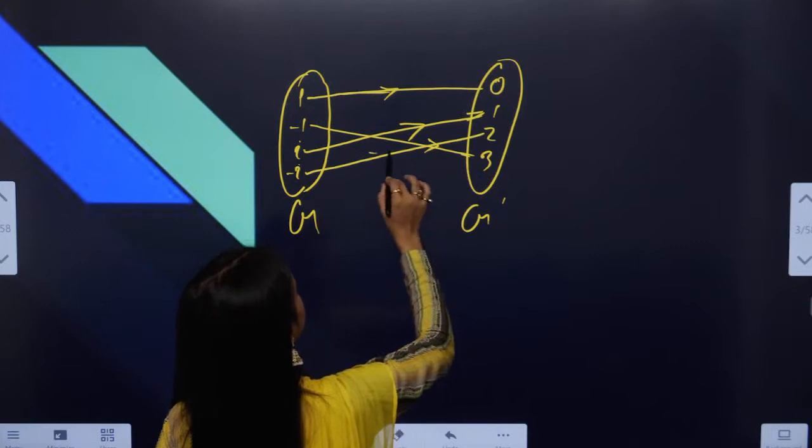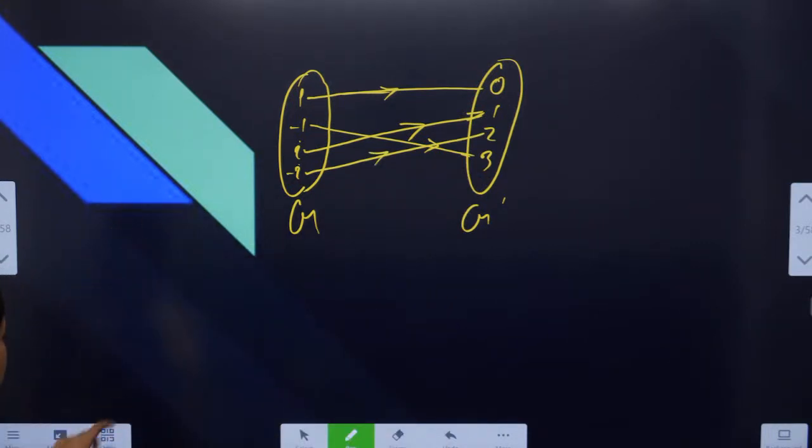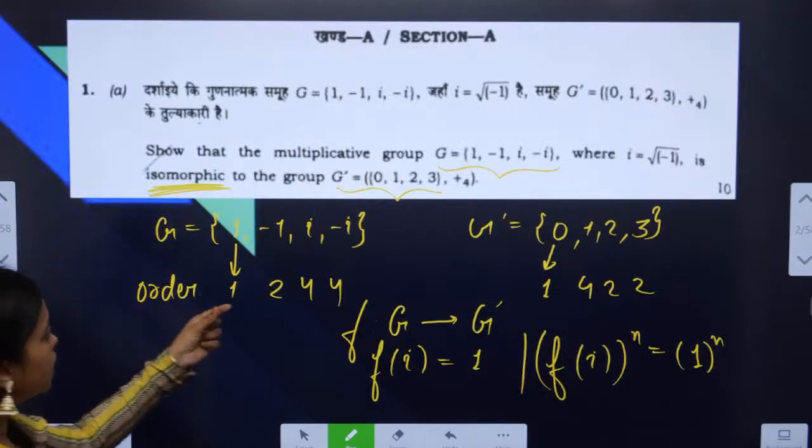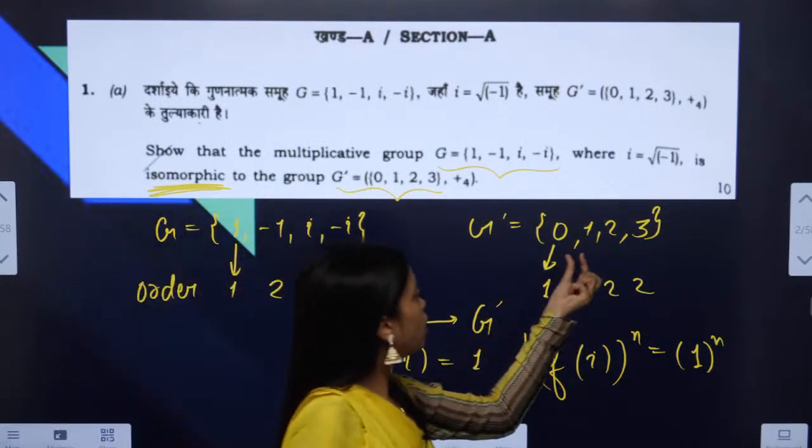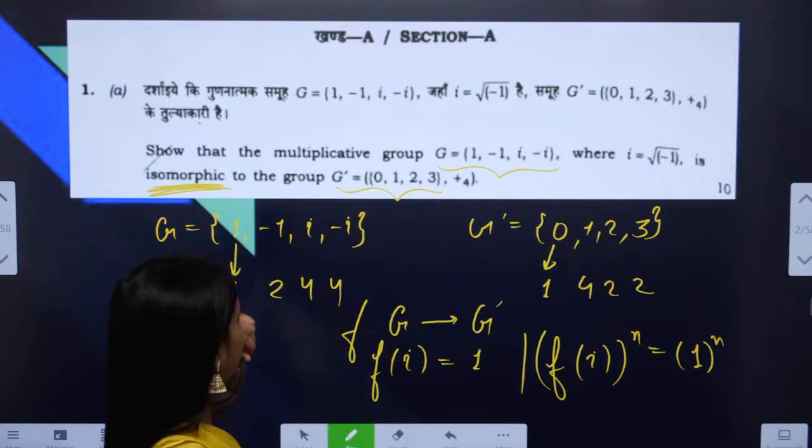Minus iota and iota both have order 4. Okay, I have done.